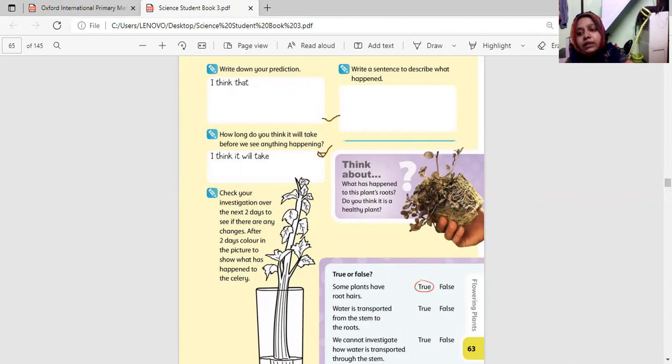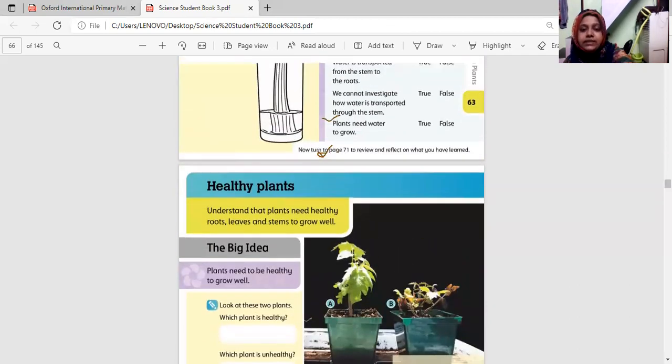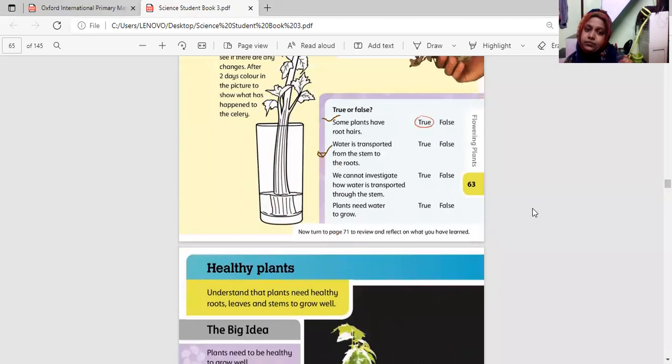So we have another activity over here which says true or false. Some plants have root hairs. The answer is true. Water is transported from the stem to the roots. What is the answer? Does the water get transported from the stem to the roots? No, the answer is false. What is the correct answer? The water gets transported from the roots to the stem. So here it is given in an inverted manner.